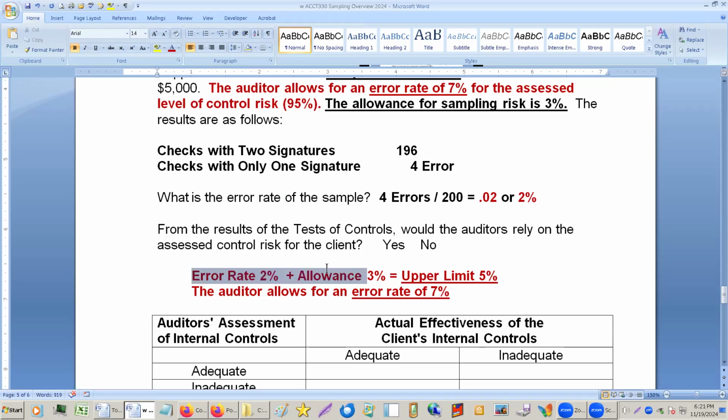This is kind of confusing the way I got it. Let me change this a little bit. So our upper limit is 5%. This is based on our sample. So we take our sample, we say, okay, this could be off by as much as 5%.